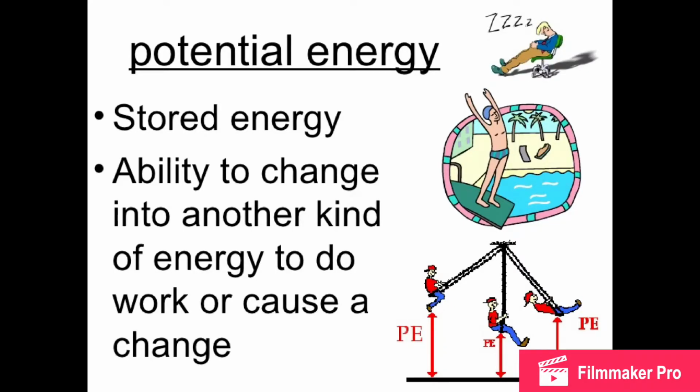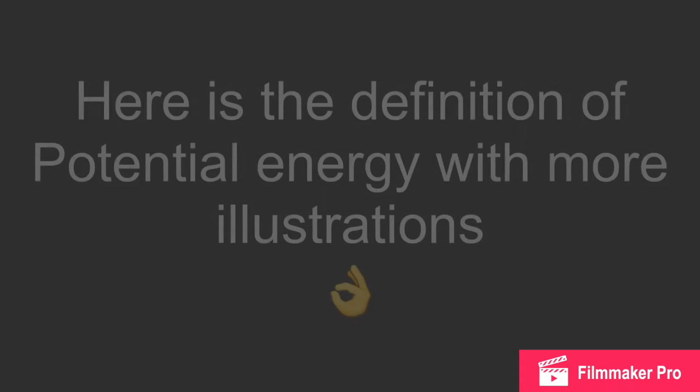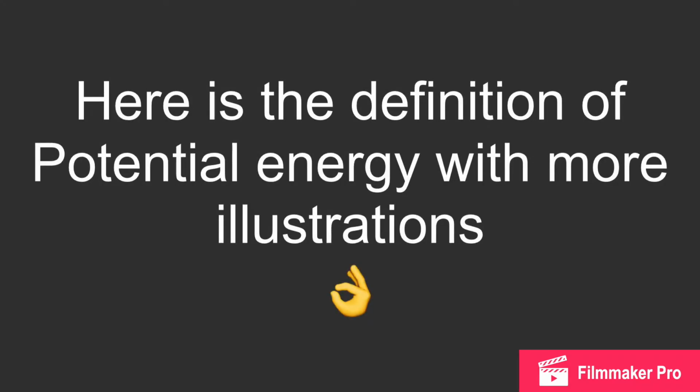Potential energy is stored energy, with the ability to change into another kind of energy to do work or to cause change, as seen in the pictures beside. Here's the definition of potential energy with a little bit more illustrations.